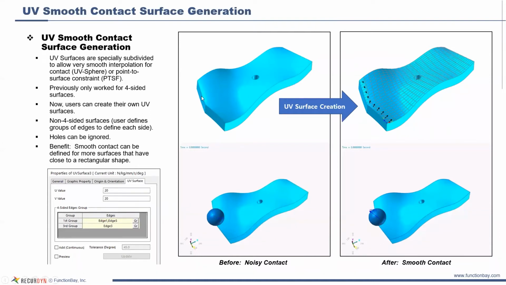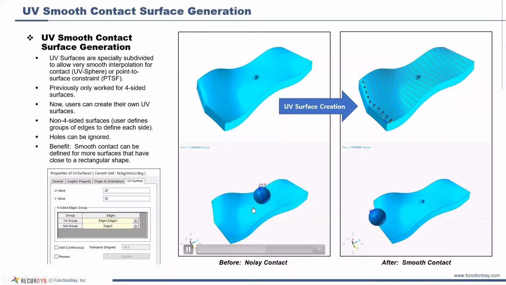So in this example, there's an extra side here, and then this utility will allow you to specify a set of edges to represent one side of the UV surface. And then you can also ignore holes within the surface. And then once you create that surface, that will allow you to get smoother results.